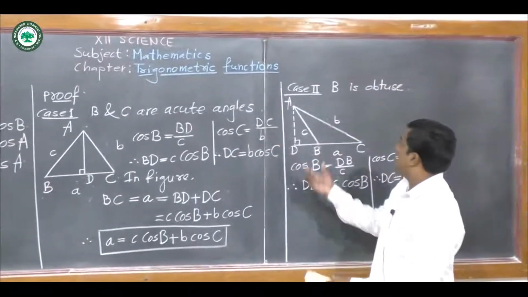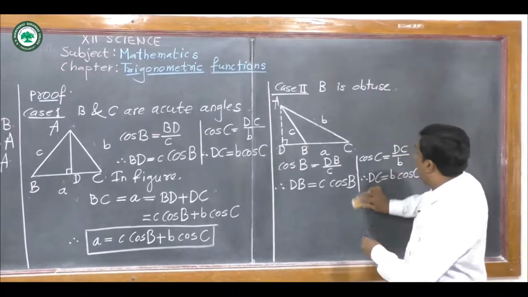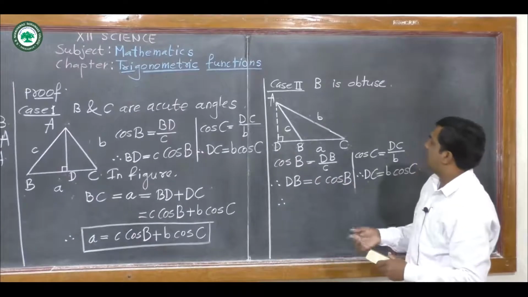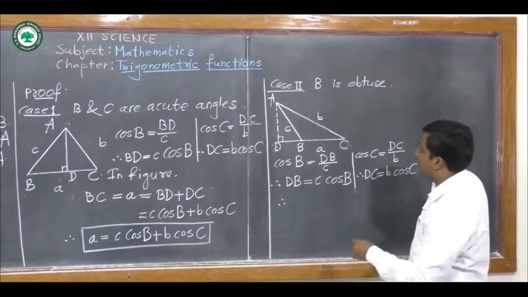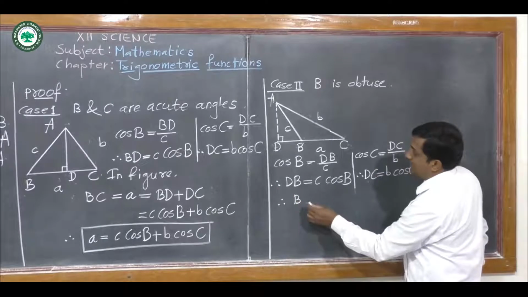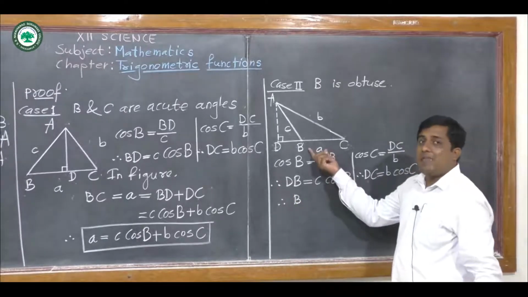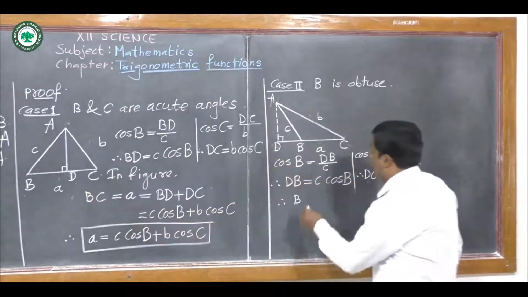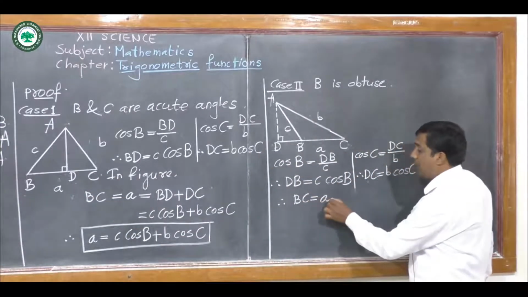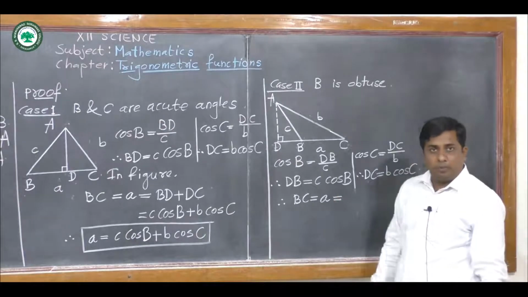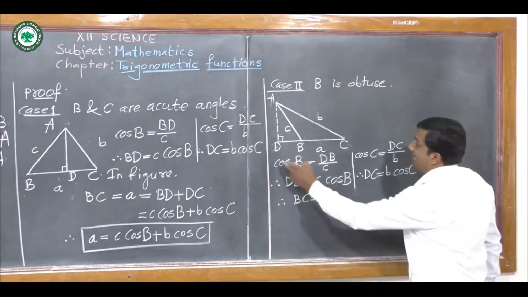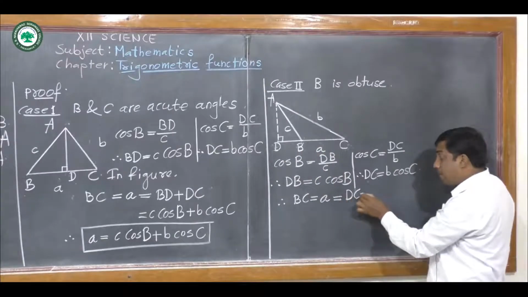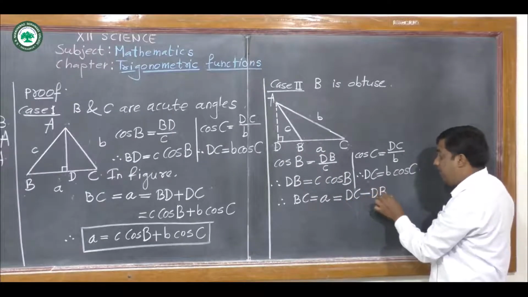We consider this figure again. BC has length a, and on the left-hand side we have length a. So BC is equal to a, and BC is DC minus DB.